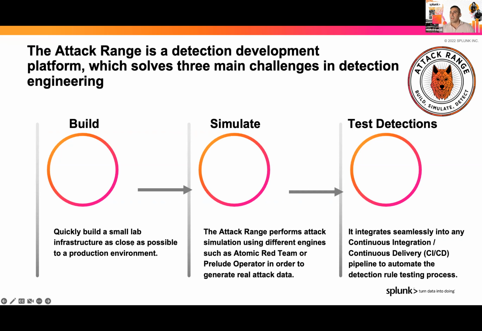So again, what's the attack range? It's an open source project which can help you build a small lab as close as possible to your production environment, and run specific tactics and techniques using the tools available to help you develop and build your own content and detection rules.